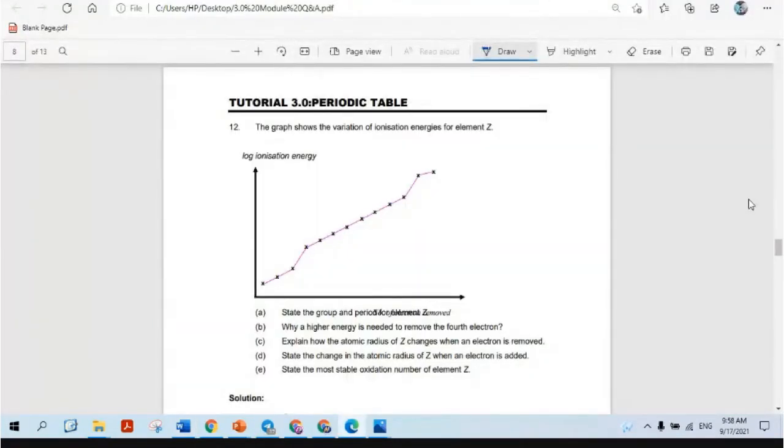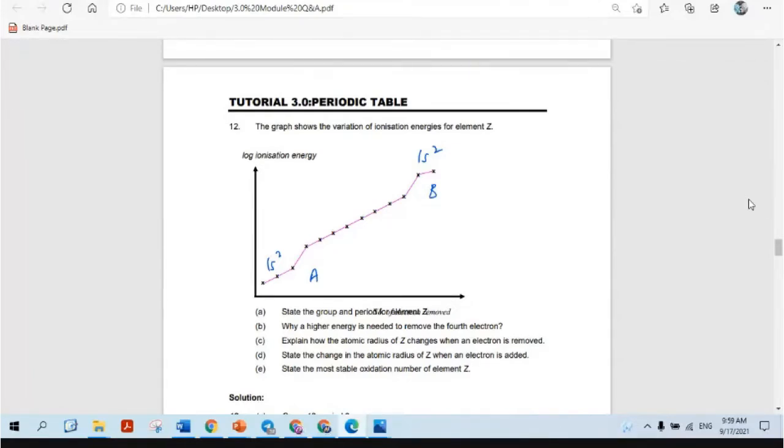So the first question I would like to ask, here 1s2 or here 1s2, A or B? In this case, there are 13 electrons. 1, 2, 3, 4, 5, 6, 7, 8, 9, 10, 11, 12, 13 electrons for element Z. So how to read the graph? 1s2 is B or 1s2 is A?